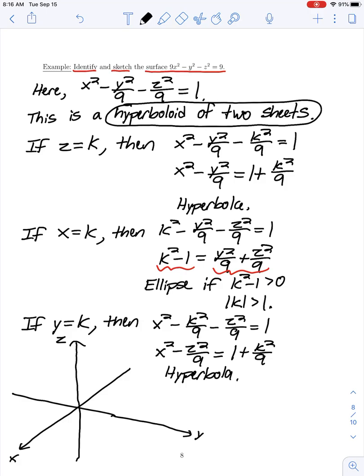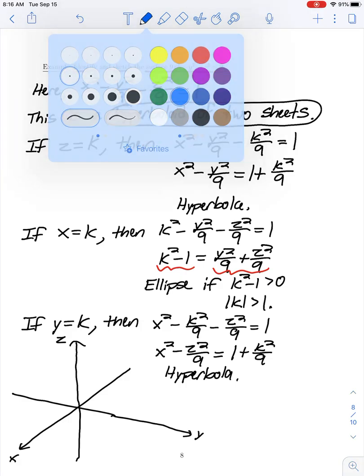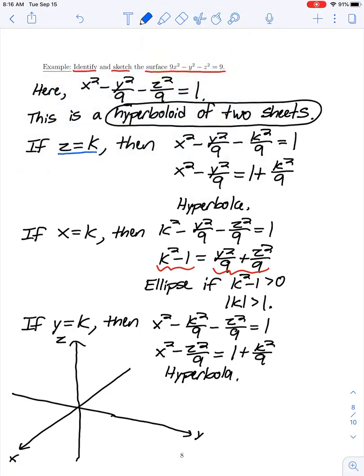So let's consider what this would look like in the xy plane in particular. So if we take z equals 0, we would have the following equation where k is equal to 0. So we would have an x-intercept of positive or negative 1 for our hyperbola, and it would be opening along our x-axis here. It would not have y-intercepts.